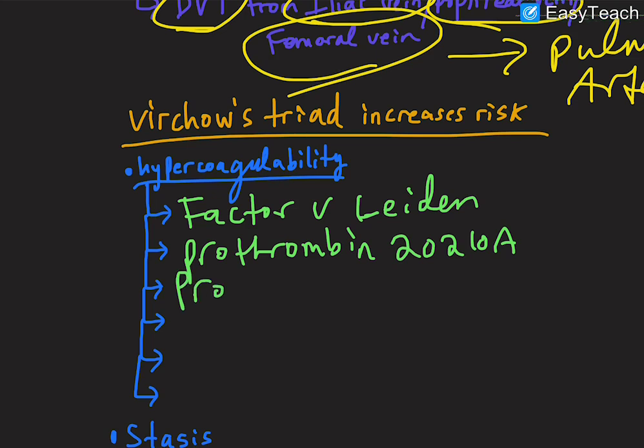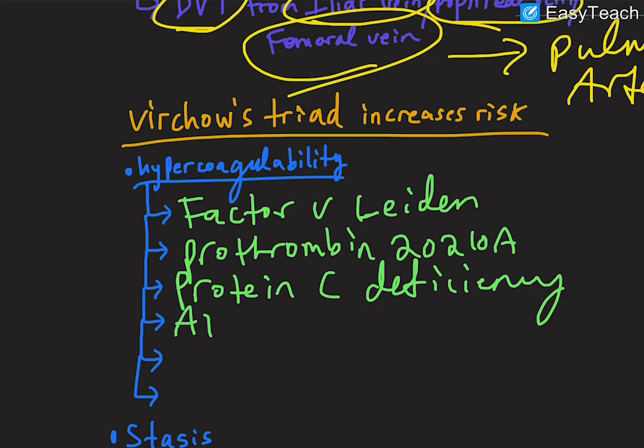What if you have a protein C deficiency? Well, what does protein C do? It inhibits clotting factors, like factors 5 and 8. If you're deficient in protein C, you have more factors 5 and 8 that can be activated, which means no brake on clotting, which means more clotting, therefore a hypercoagulable state.